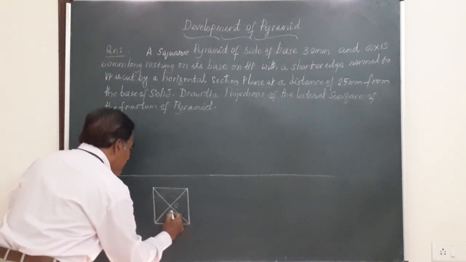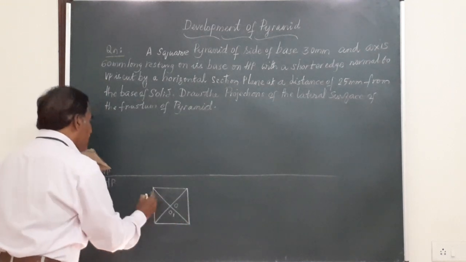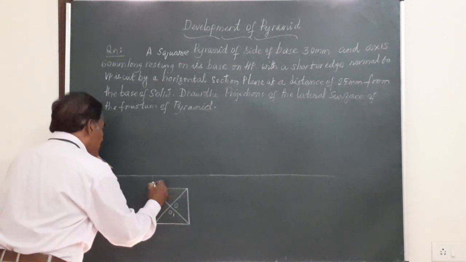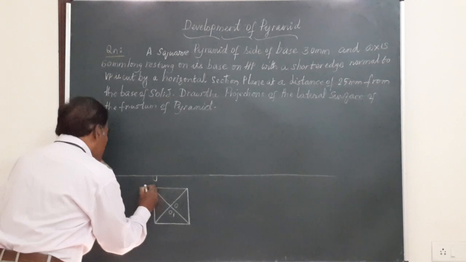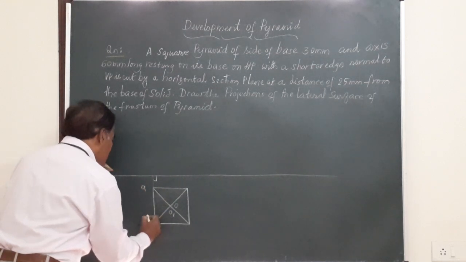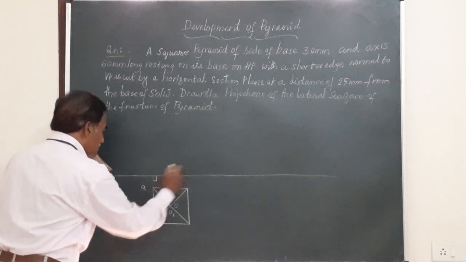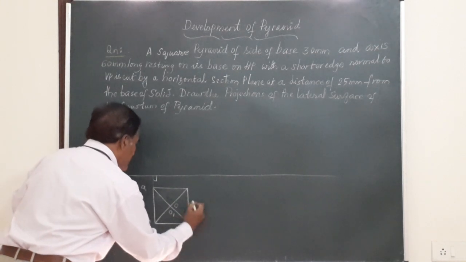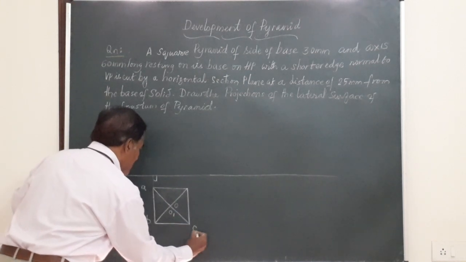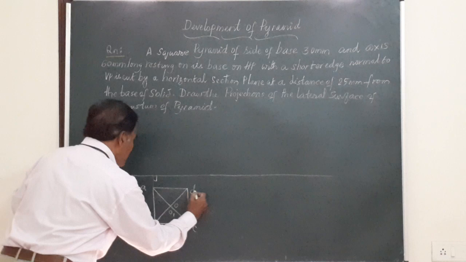O1 is the center of the bottom face, O is the center of the top face, and since this is a square, this edge AB which I am showing here is normal to VP. AB is perpendicular to VP. This is going to be C. This point is going to be D.